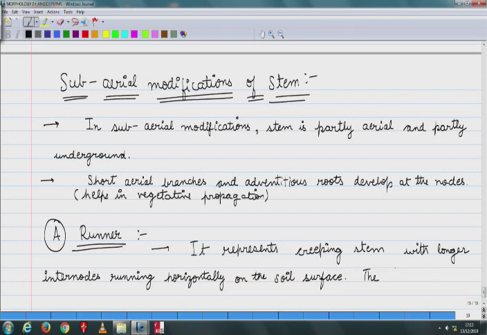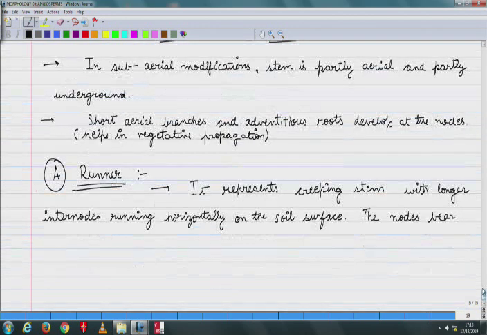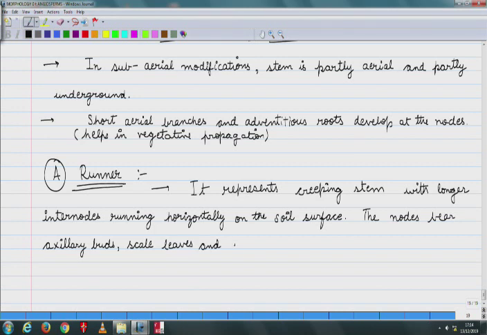The nodes bear axillary buds, scale leaves, and adventitious roots.